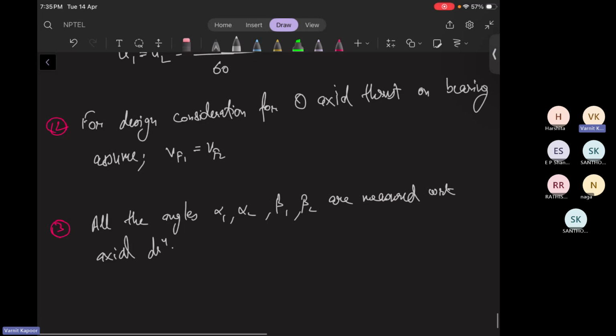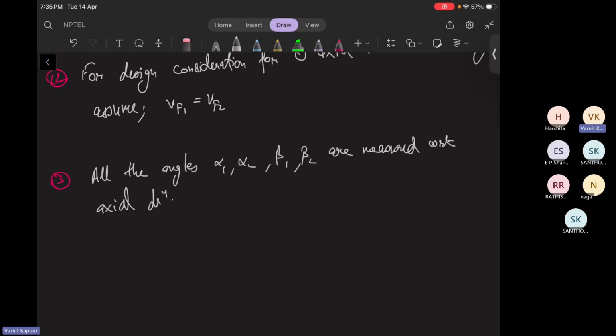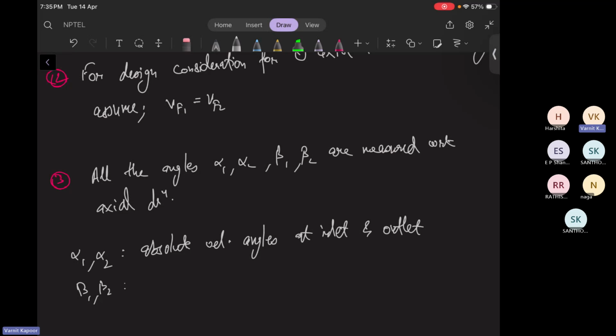Alpha 1 and alpha 2 are the absolute velocity angles at inlet and outlet, and beta 1 and beta 2 are moving blade angles at inlet and outlet.